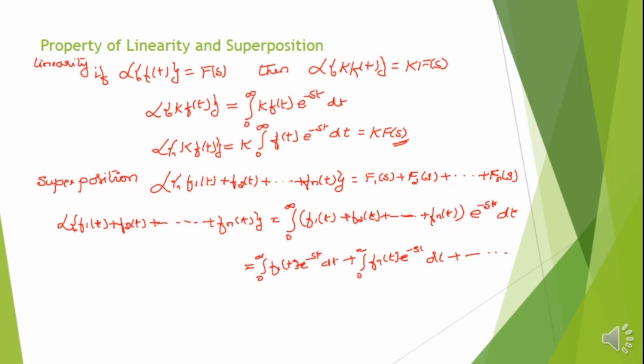That means this is F1 of s plus F2 of s and so on. So this is the property of linearity and property of superposition. Next we will see the property of shifting.